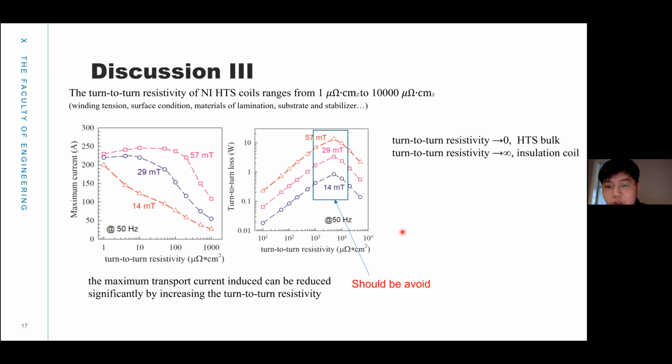Between these two cases, there will be a peak point, and we need to avoid this area in the rotor design. The conclusion is that the maximum transport current induced can be reduced significantly by increasing the turn-to-turn resistivity, and the turn-to-turn loss will have a peak area when we increase the turn-to-turn resistivity.